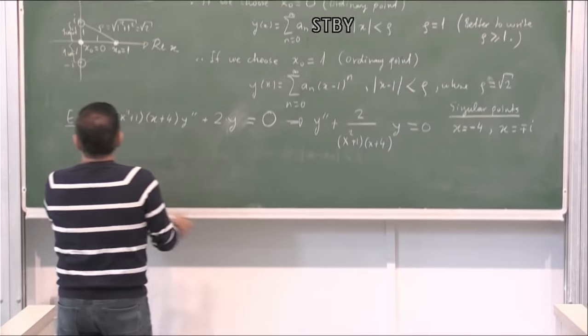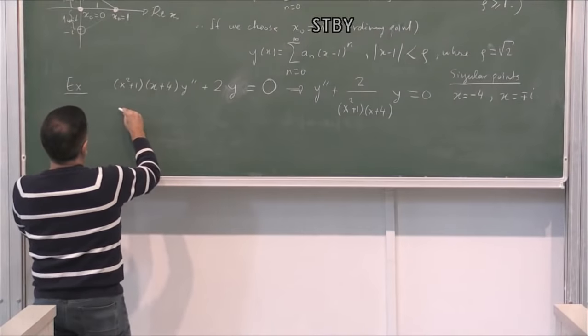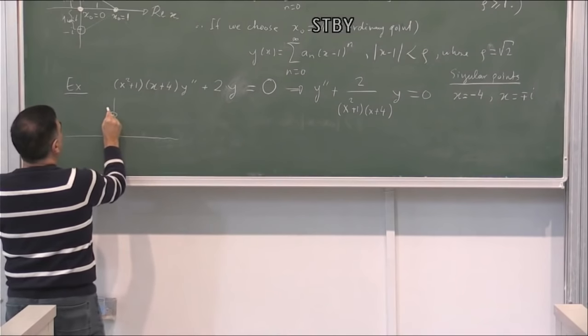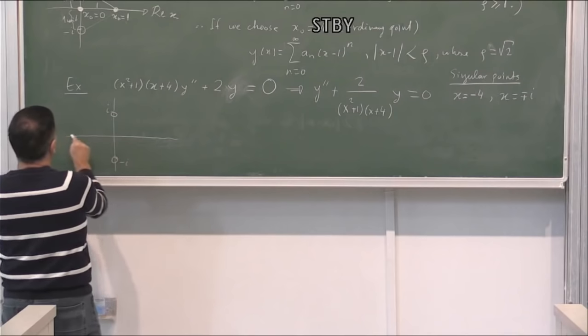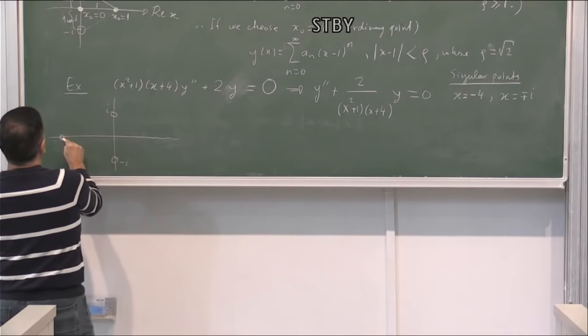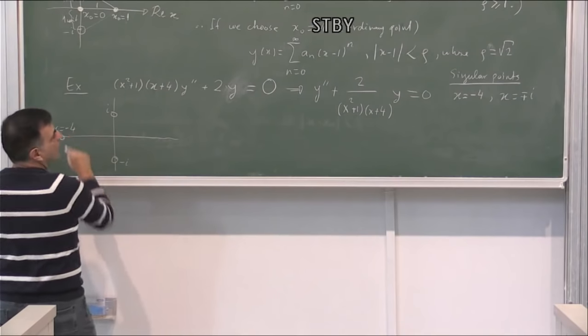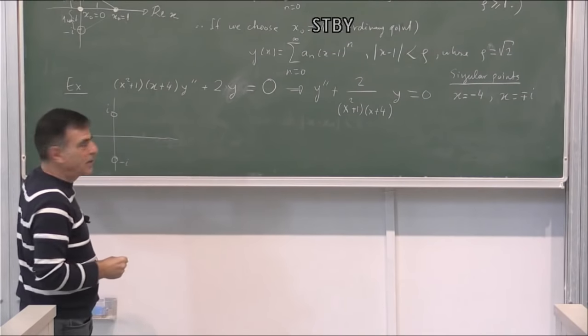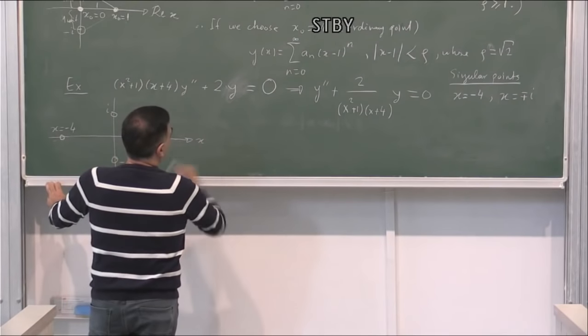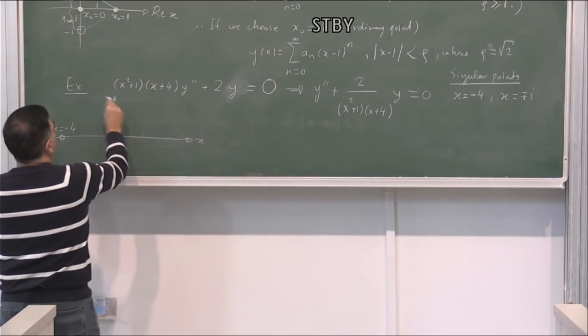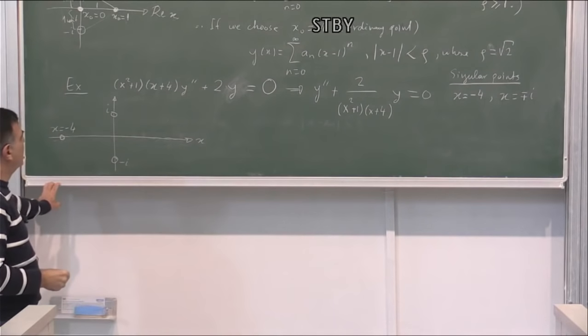Therefore, let's consider this picture. Again, here I is a singular point, minus I is a singular point, and the point at x equal to minus 4 is a singular point. Good. This is real x, imaginary x, complex plane.